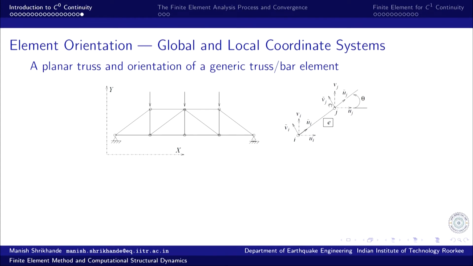So, the whole problem is relating these local degrees of freedom, defined along the local coordinate system, to the degrees of freedom at each node along the global coordinate system. So, it is a 1:1 mapping.